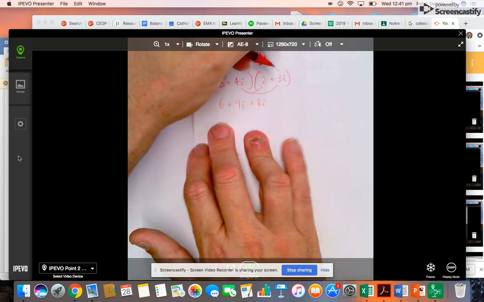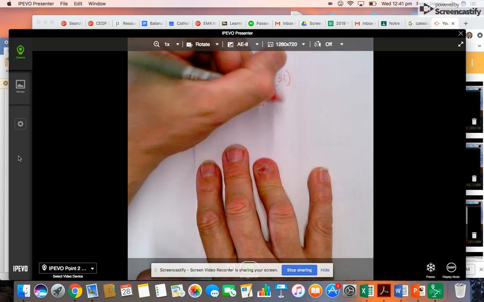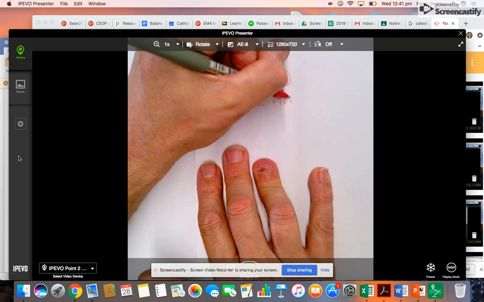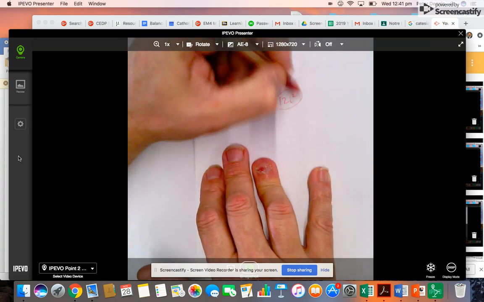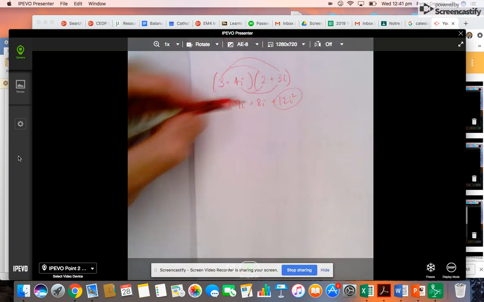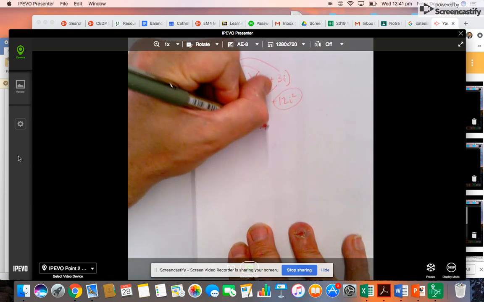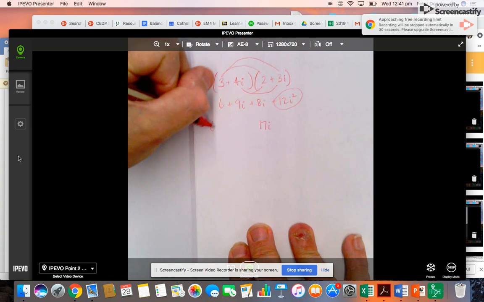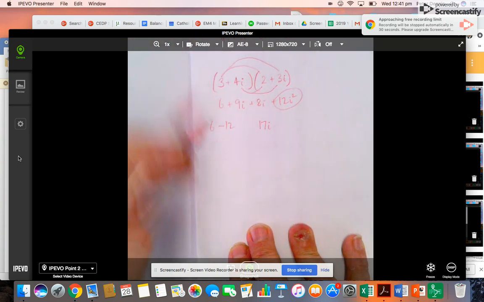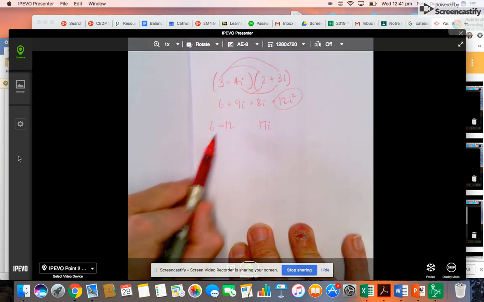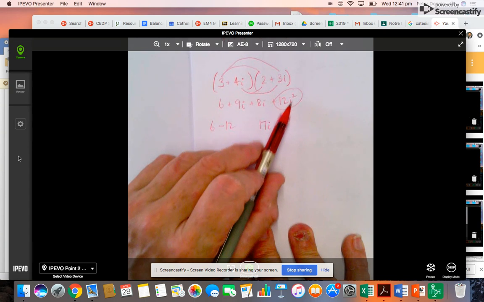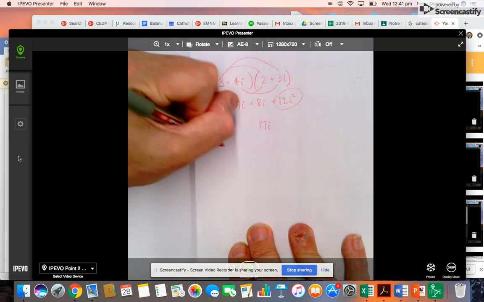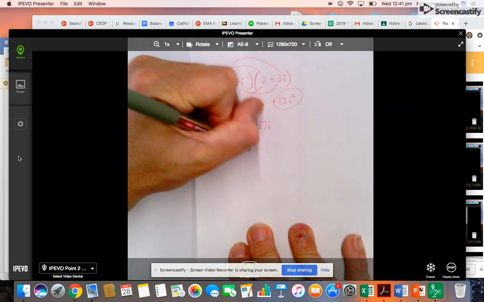And 4i times 3i is plus 12i squared. And you just got to remember about this one. This is just going to be 17i, nice and easy. This is going to be 6 minus 12, because i squared is minus 1. So this is going to be minus 6 plus 17i.